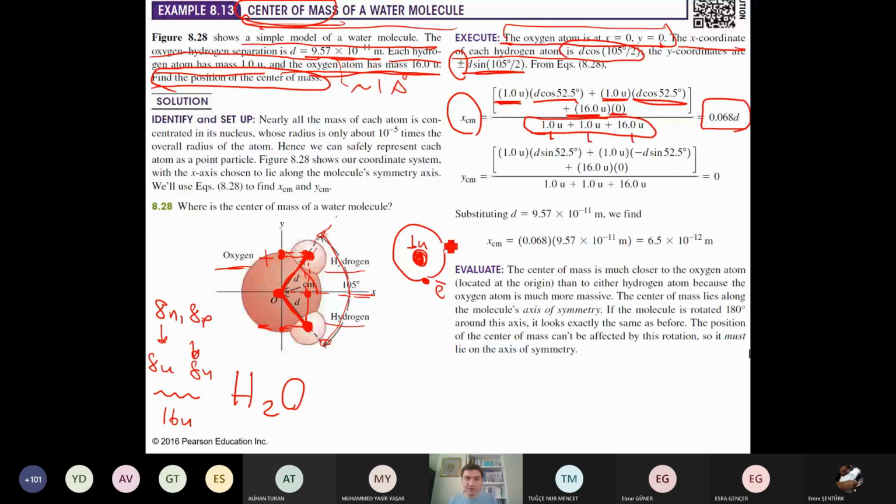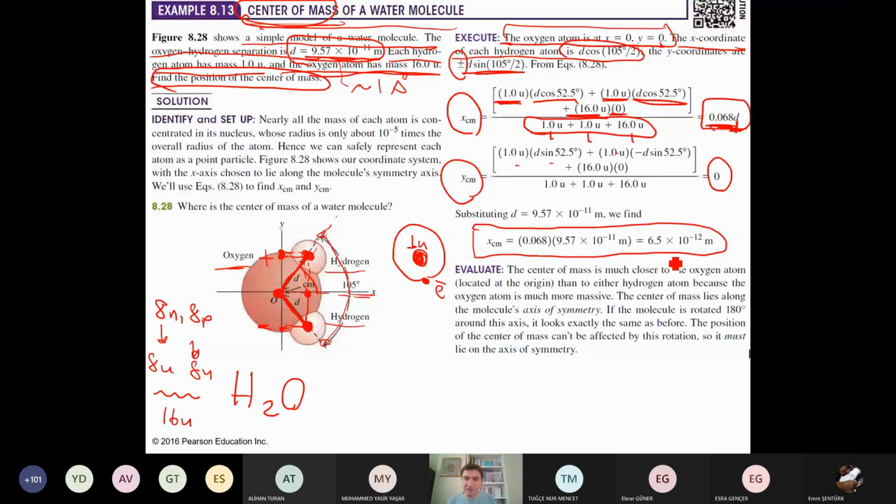What about the y position of the center of mass? Just put all the information into the equation, then you will get 0. d is given here, the distance between the hydrogen and oxygen atoms. Just put this d within this equation, and then you can calculate the center of mass of this water molecule, which is 6.5 times 10 to the minus 12 meter.